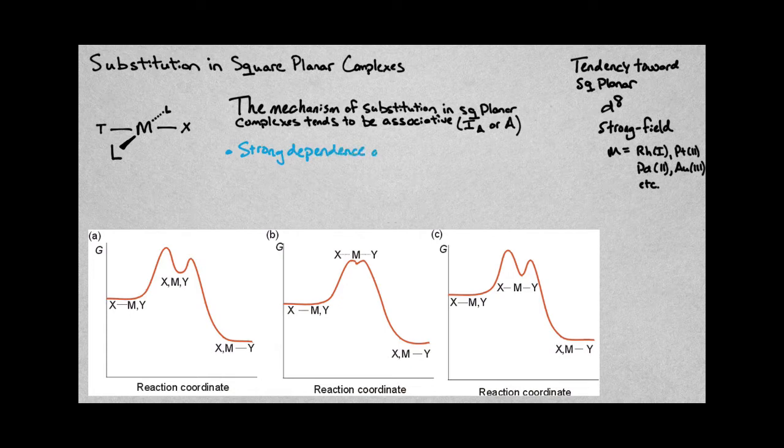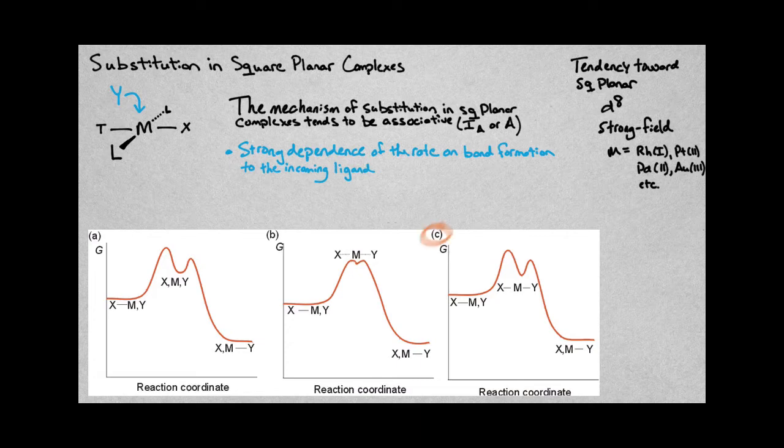The evidence for this comes from a strong dependence of the rate of the substitution on bond formation to the incoming ligand. In other words, the incoming ligand Y is going to have a strong influence on the rate of the substitution reaction.